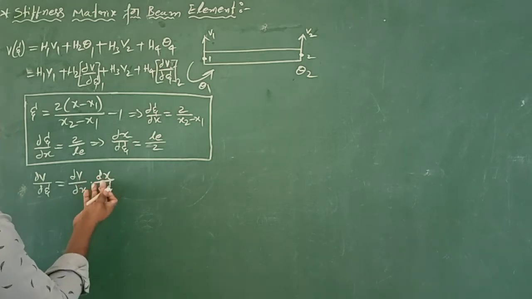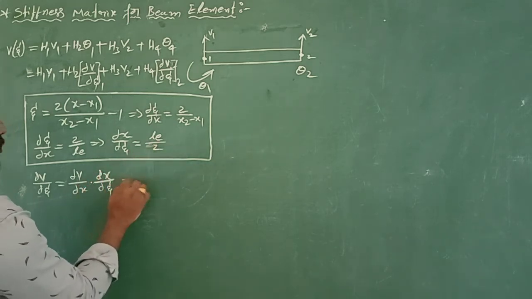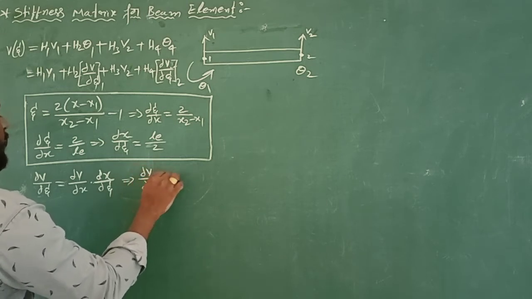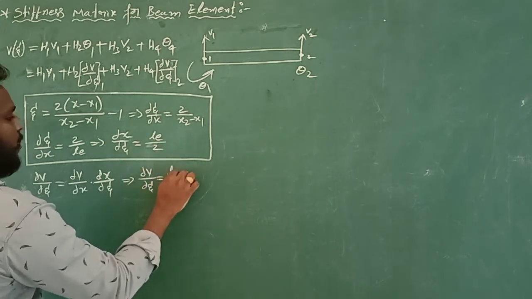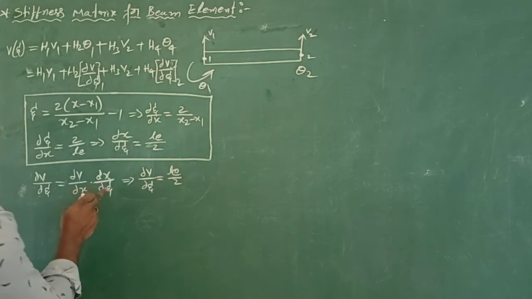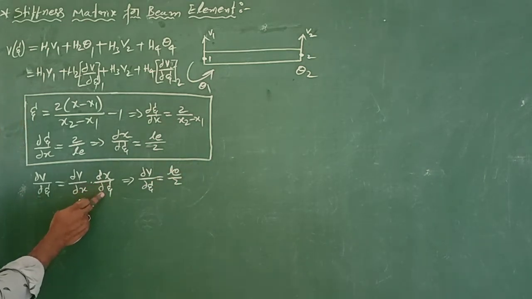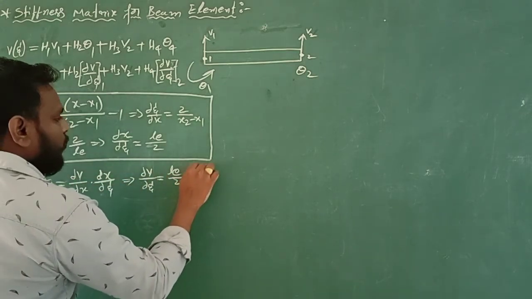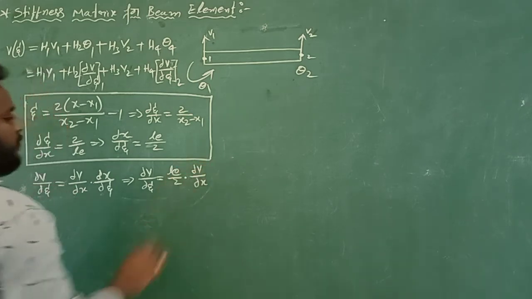We know very well that dou x by dou j means LE by 2. So dou v by dou j is equal to LE by 2 into dou v by dou x.